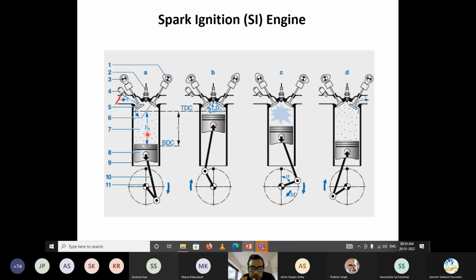That's why I was using both. But here in the spark ignition engine, during the intake stroke, it is a mixture of fuel and air that will come into the combustion chamber. At that time your intake valve opens.